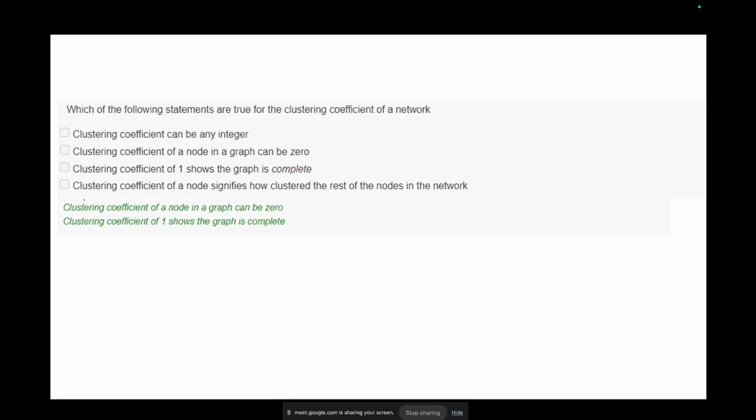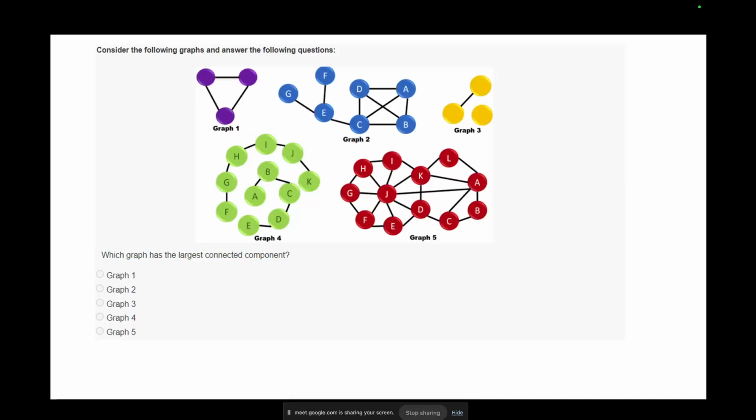In most cases, your measures of a node can be extrapolated to measures of a network by averaging out, but in some cases it does not make sense. If you calculate for one node, it will only give you information about that node, and in this case clustering coefficient will give you information about the nodes surrounding it, no more than that. Okay, so moving on.